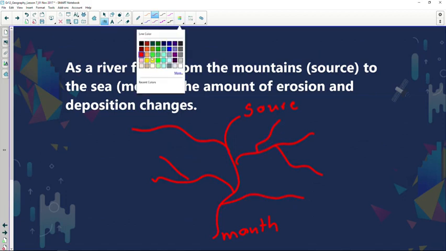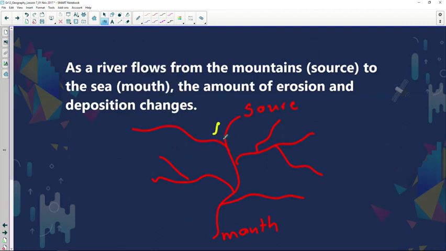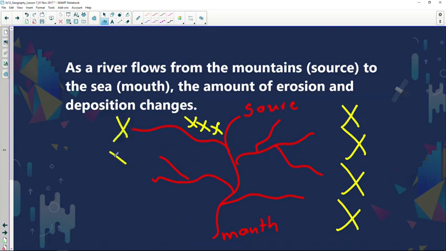The high-lying area between the tributaries is known as interfluves, and what separates one drainage basin from another drainage basin is known as a watershed.